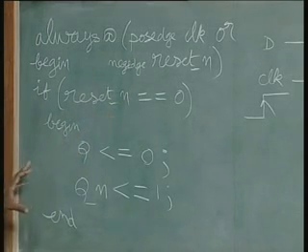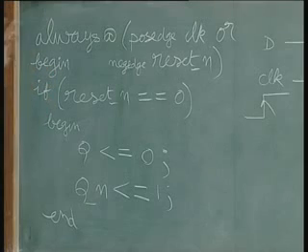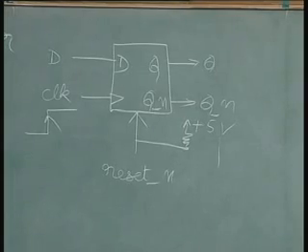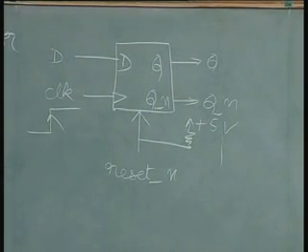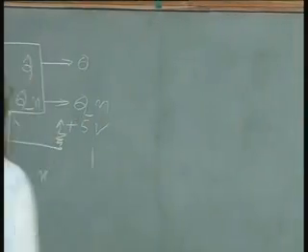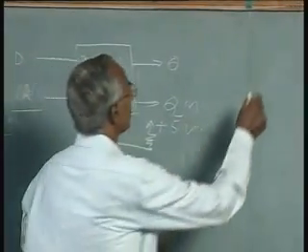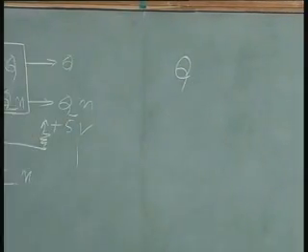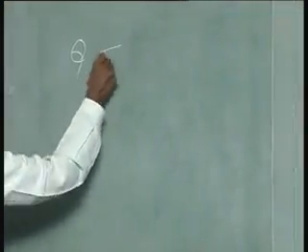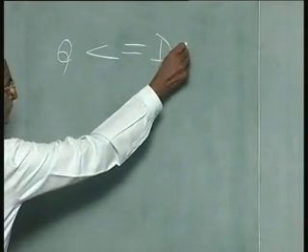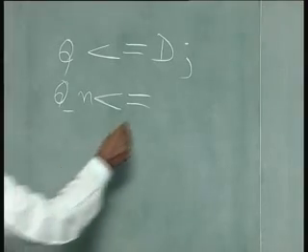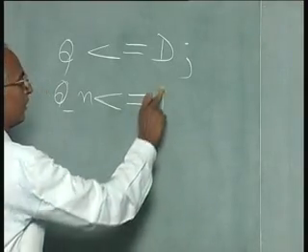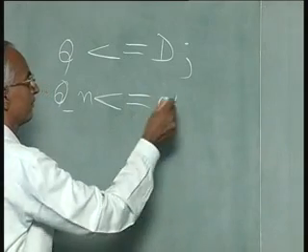And now what remains to be done is only the D input reflecting on the output Q. I'll write it right here. What we want is Q to be the same as the D input, and q_n must be the inverse of this D. For inverse you can use either exclamation or this symbol tilde, which I have mentioned earlier also.